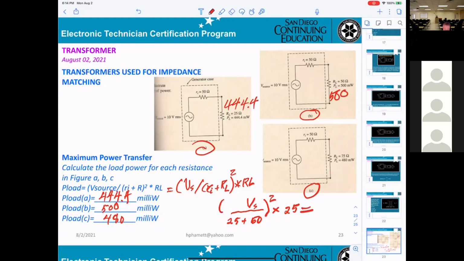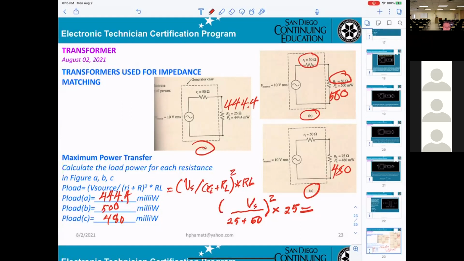And you get 480. When the impedances are the same, on this one here, you get impedance 50 ohm and the load 50 ohm. That means they call it matching impedance. The load is supposed to be equal to the output impedance of the generator. Then you can get maximum power.